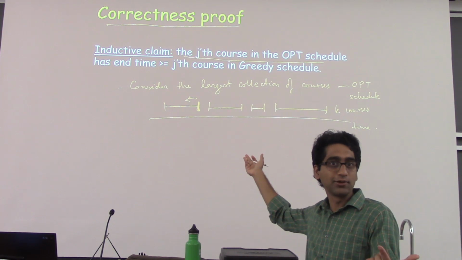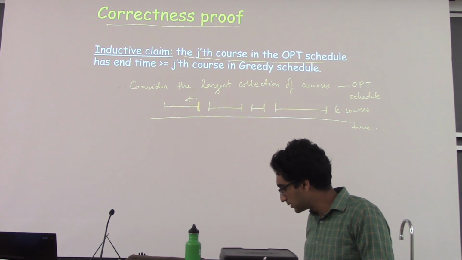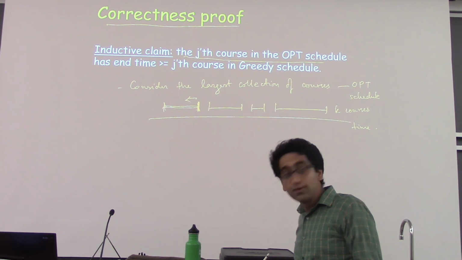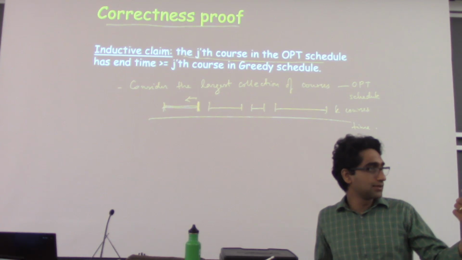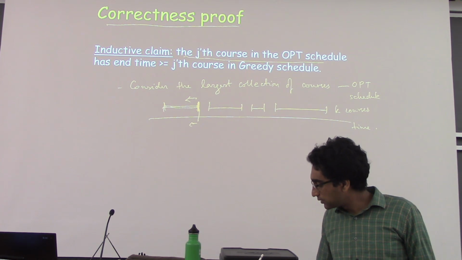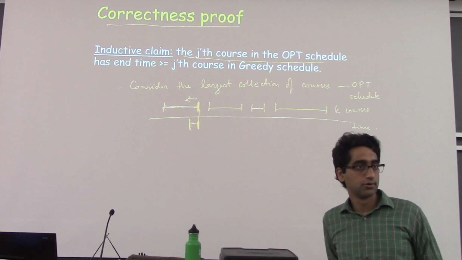Because this is one feasible course, this has some ending time. So in the greedy schedule, the course that you picked first has to end before this one. It could either be just here or it could be a little bit before.